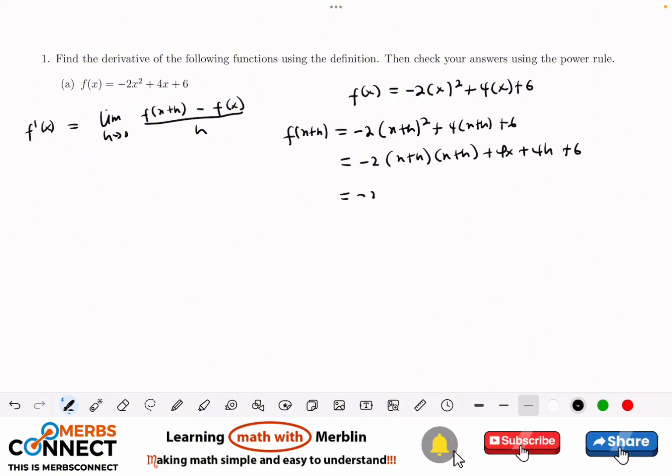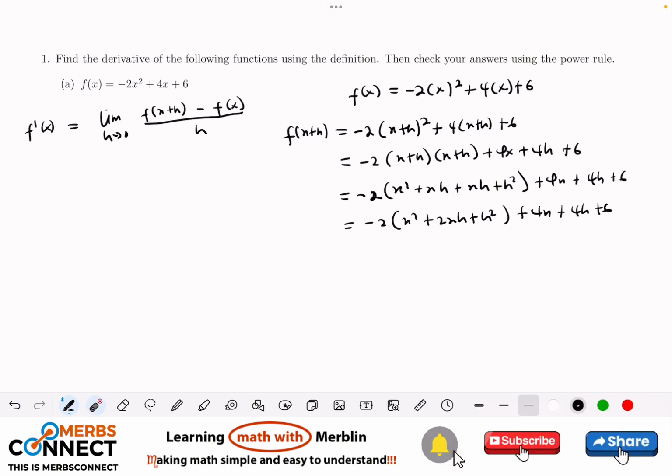Then I'll expand this one. x times x is x squared, x times h is xh, another xh, plus h squared, plus 4x plus 4h plus 6. So I distributed x to h, which gives this, and then h to x and h to h, which also gives this. Then I just added these together.